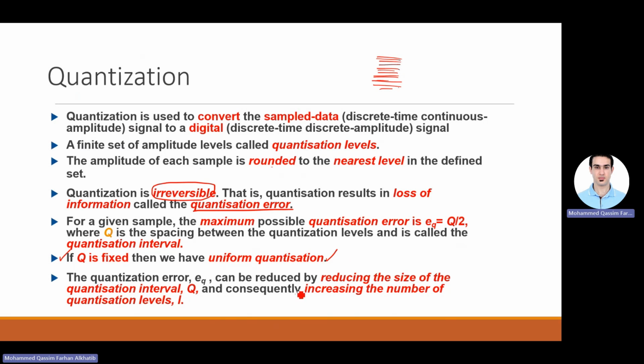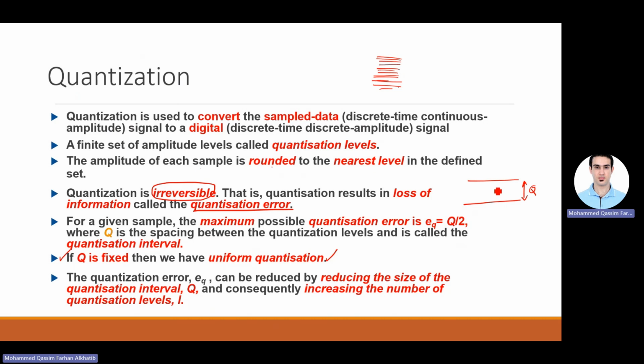So the quantization error can be reduced by reducing the size of the quantization interval and increasing the number of levels, or basically the number of bits. The maximum error you get is Q over 2, the interval over 2. Basically, when you have 2 intervals like this, this is Q. Let's assume a point is cut exactly at the half.